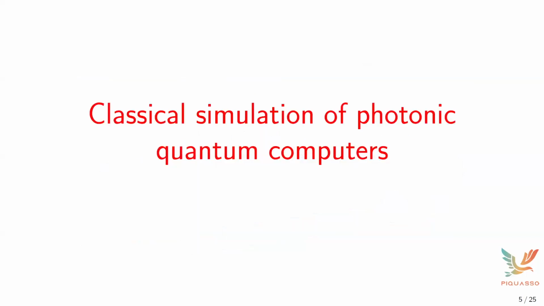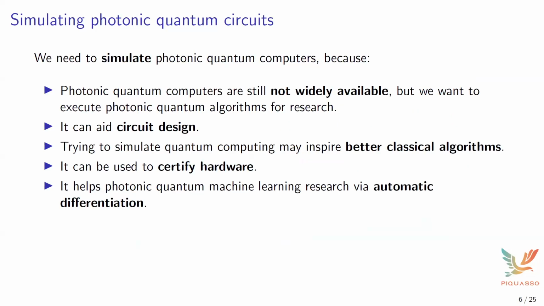So that is great. Why do we need to simulate this? We need to simulate photonic quantum computers because they are still not widely available to most researchers, and there are many gates in photonic quantum computers which are not available.